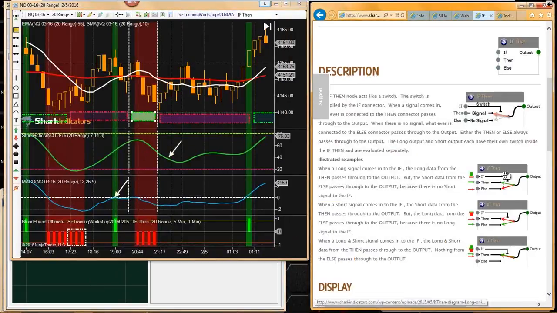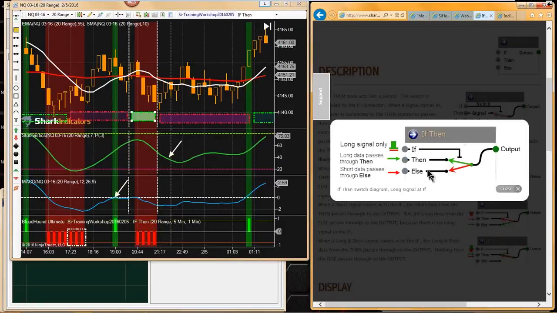So what does the switch look like? The switches look like this. So the long switch is taking long signals from then and piping it through to the output.